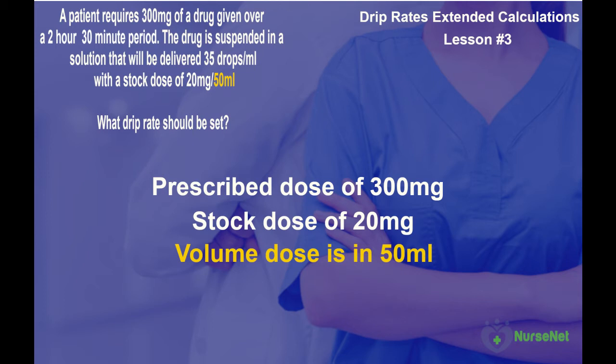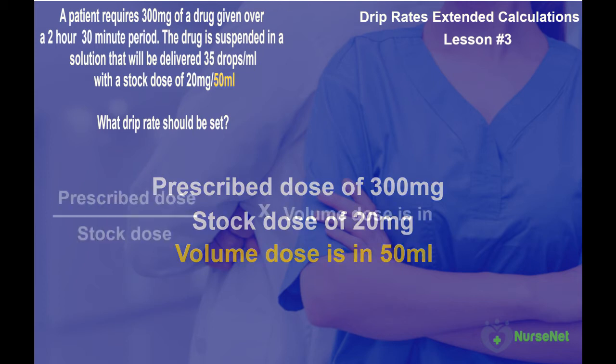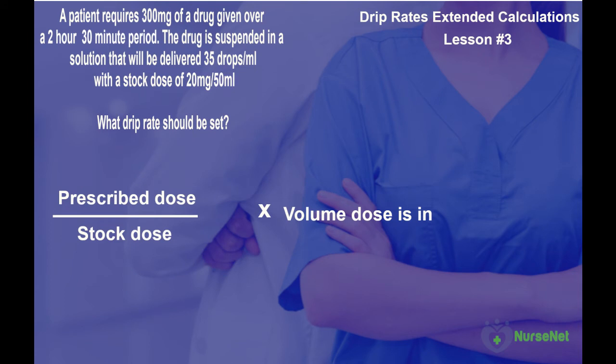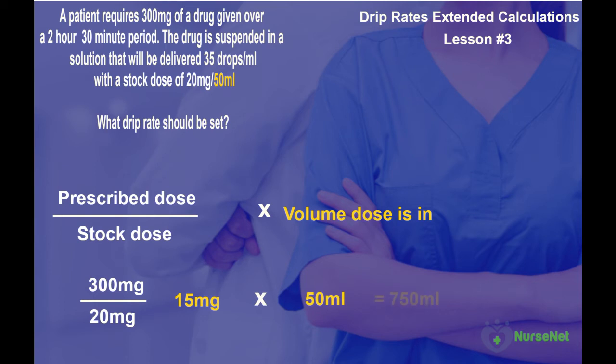So if we do our basic dose calculation, prescribed dose of 300 milligrams divided by the stock dose of 20 milligrams gives us 15. 15 multiplied by the volume of the solution the stock dose comes in, which is 50 milliliters, gives us 750 milliliters.